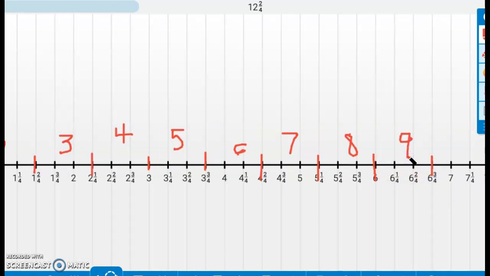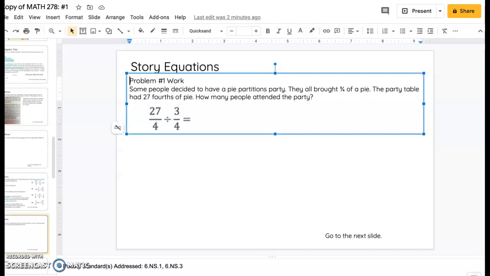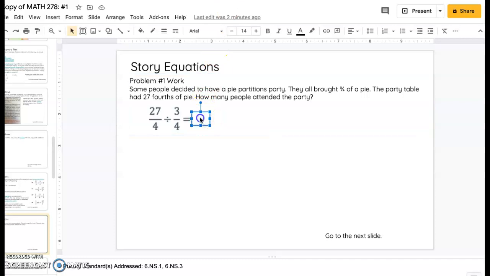Okay, so that means that 27/4 divided by 3/4 is 9.